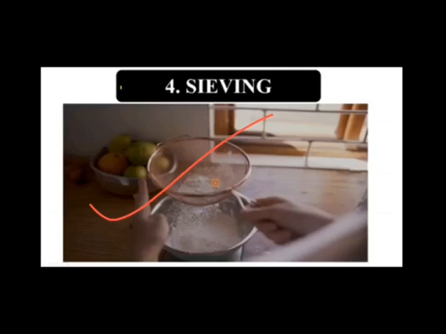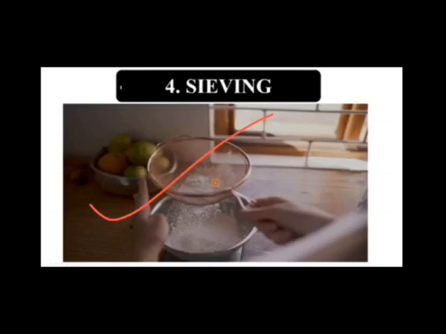She is actually removing the coarse particles of wheat, which is also known as wheat bran, from the wheat flour. And why is she doing this? She is doing this so as to obtain the fine flour for making chapatis for you, right?